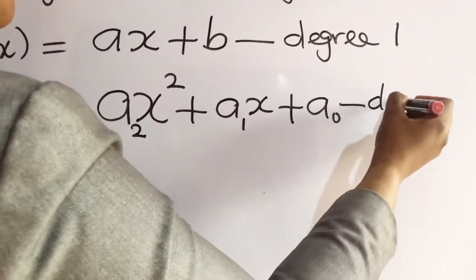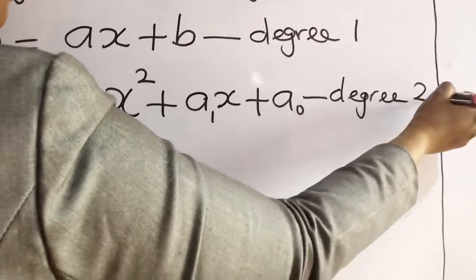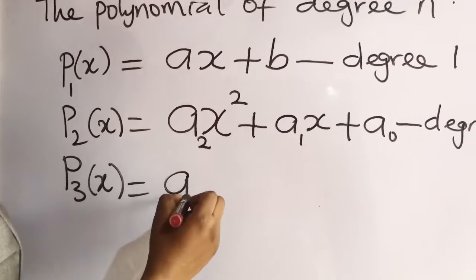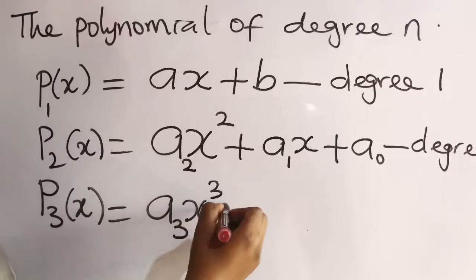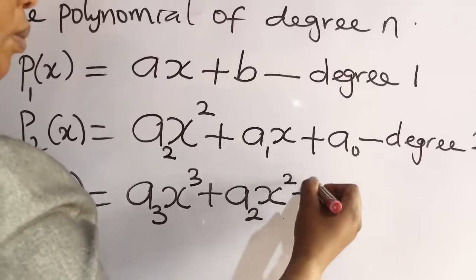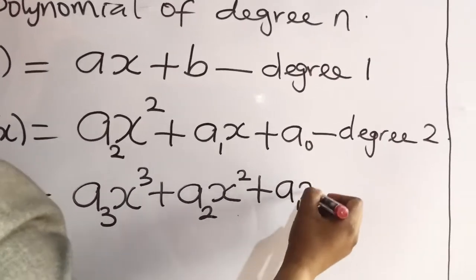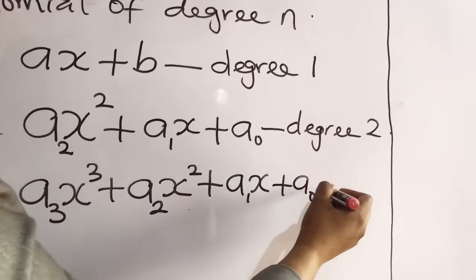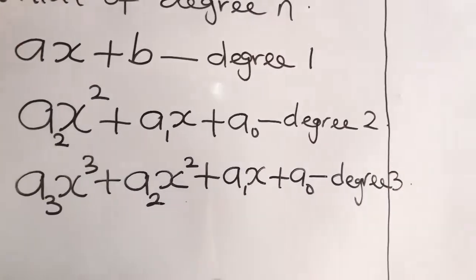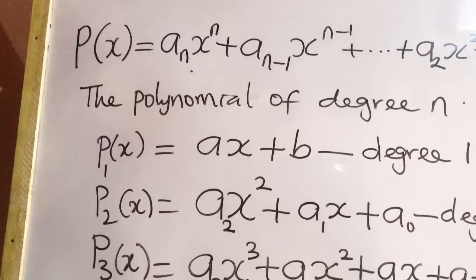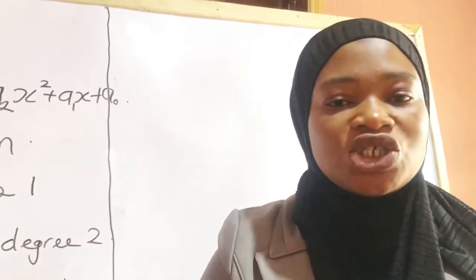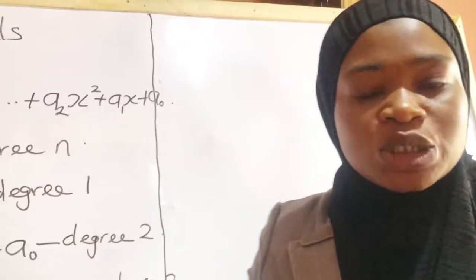This is degree 2. P3 of x is equal to a subscript 3 x raised to power 3 plus a subscript 2 x raised to power 2 plus a1 multiplied by x plus a naught. This is degree 3, a polynomial of degree 3, and so on till we get to the general form of polynomial. So we shall discuss the shape of graphical representation of polynomial of degree 1, degree 2, and degree 3 in this class.